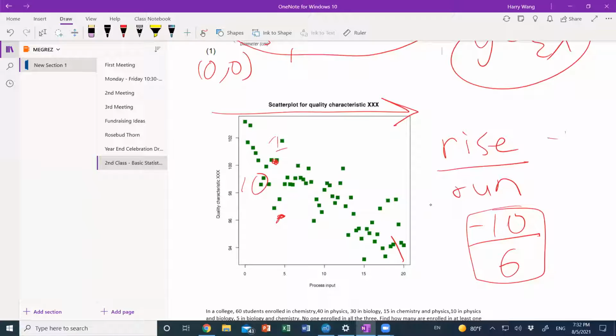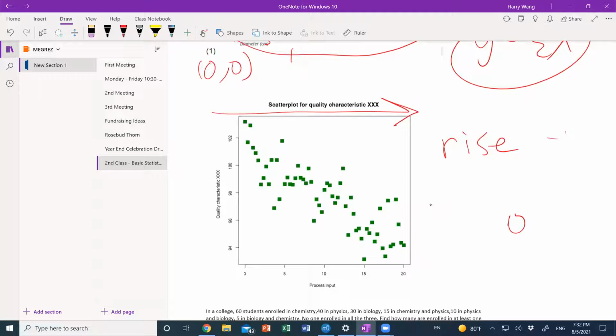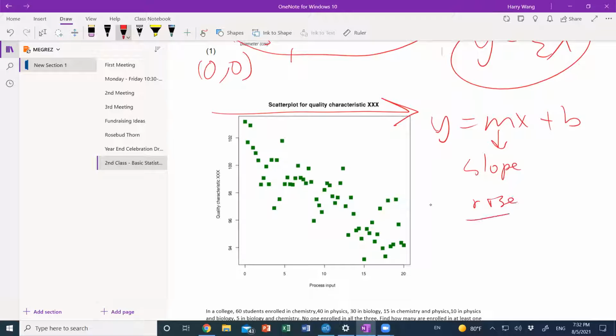Now I'm going to ask everyone to try and write out the approximate line of best fit. Here's the equation here, y equals mx plus b. M is a slope, rise over run, and b is simply the y-intercept.